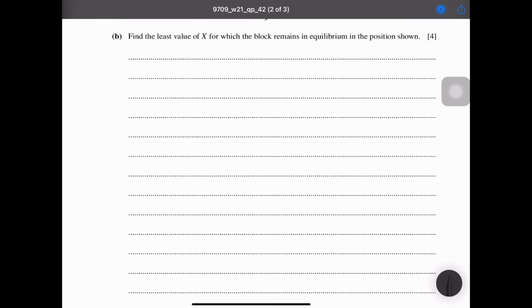Let us draw the same diagram again. Find the least value of x for which the block remains in equilibrium in the position. So let me consider this as the block. To make this block equilibrium, we can apply this force, upward tension, and then we can apply another force here, x Newton. That's enough to make things equilibrium. And there is a 50 Newton force.